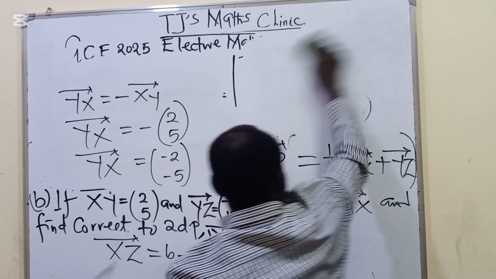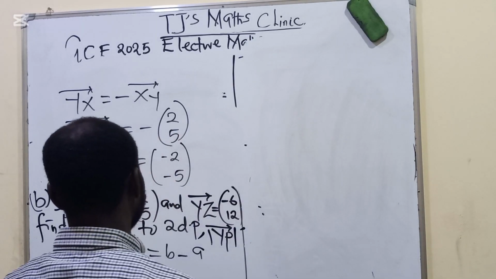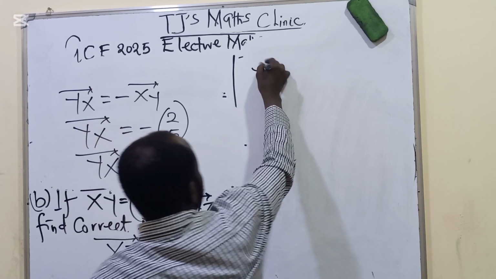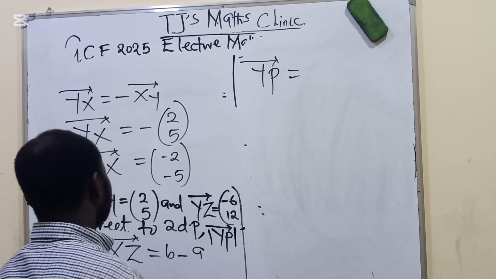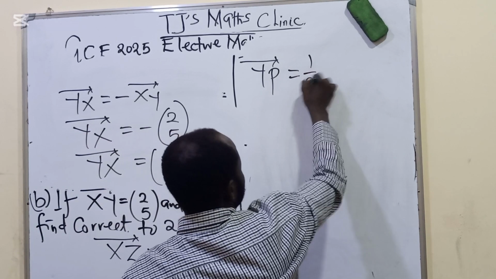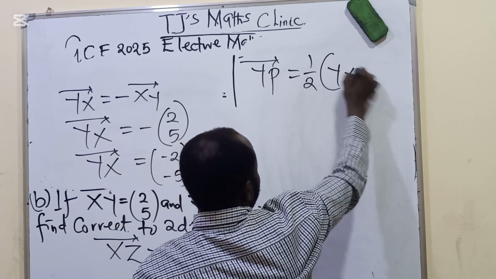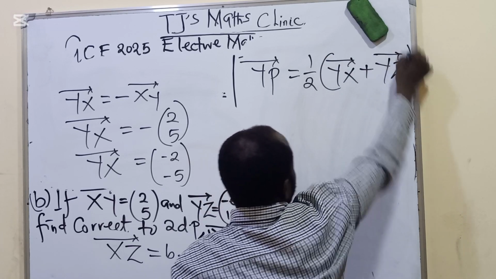Okay, so let's substitute now to find YP. Our YP will be equal to half of vector YX plus vector YZ.